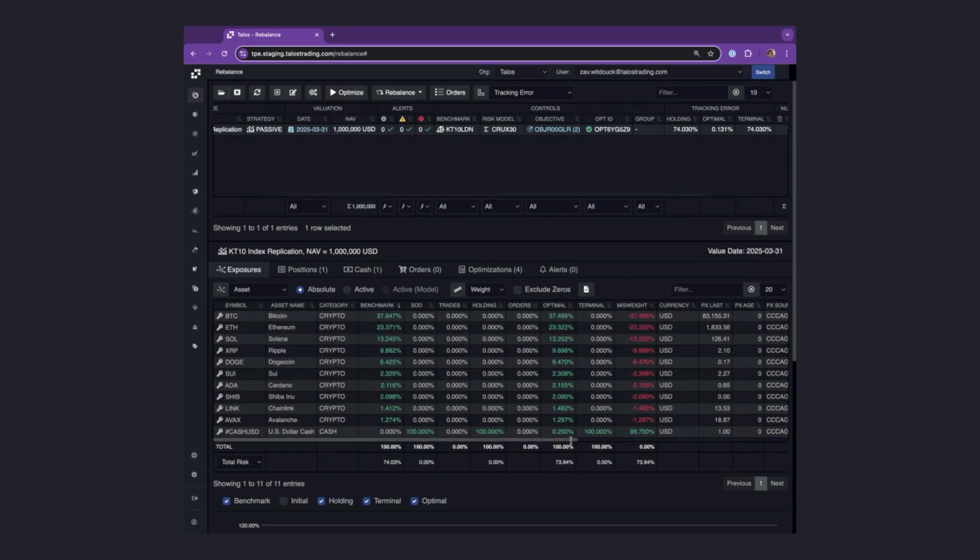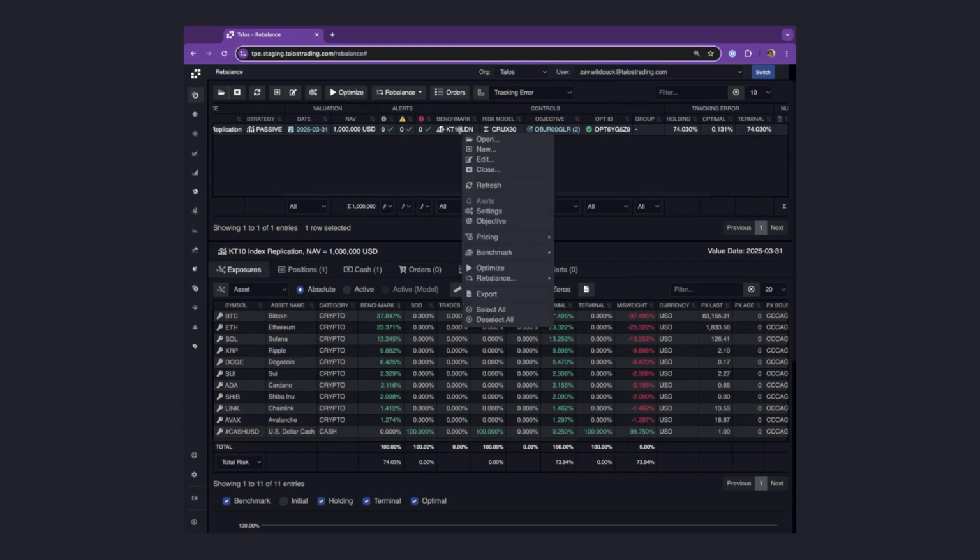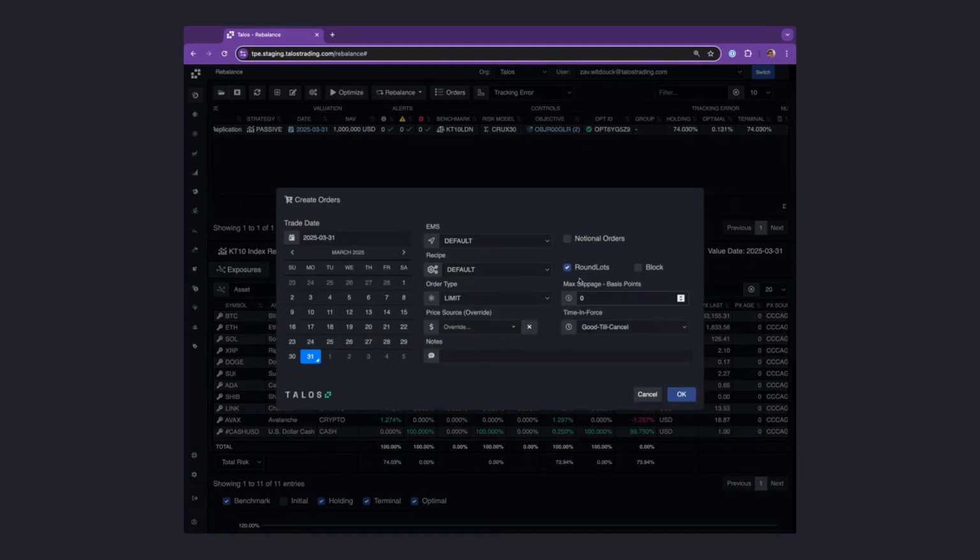Now let's assume that we're happy with these weights. I can then go ahead and generate some orders to rebalance the portfolio to its optimal weights, and I'm going to obviously trade these today.